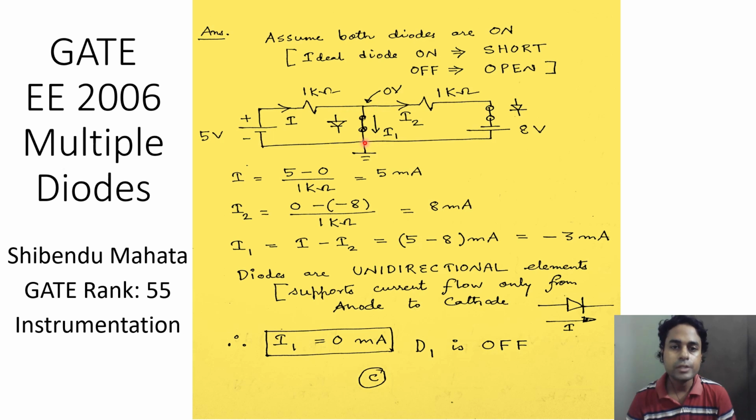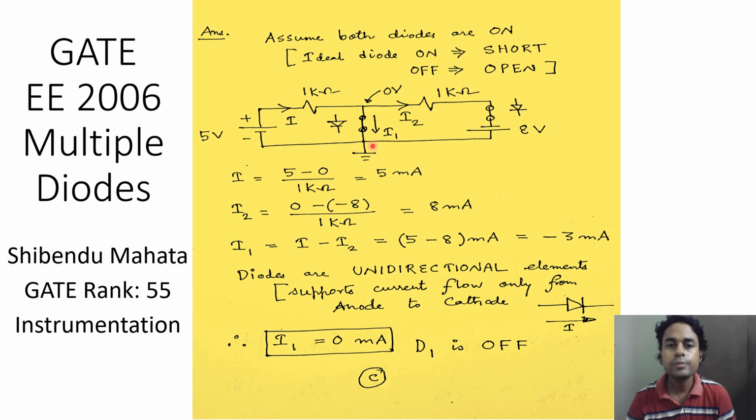Therefore, in order to satisfy KCL, the 3 milliampere current should flow from this node up, and this implies that the diode is now conducting from cathode to anode, and this is the impossible situation.